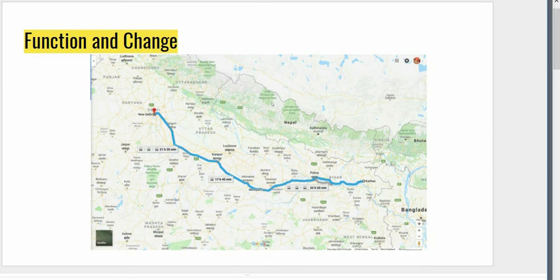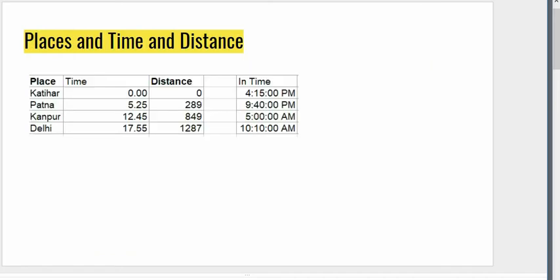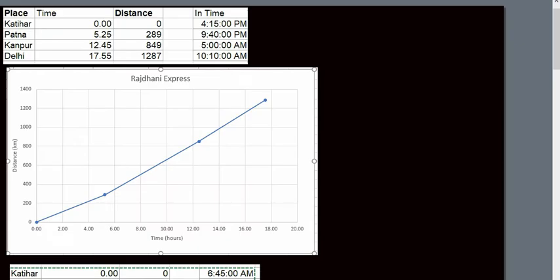And so now we are taking the time of one train. That train is Rajdhani Express. It leaves Katihar and reaches Delhi in 17 hours and 55 minutes. So I will go to the diagram.